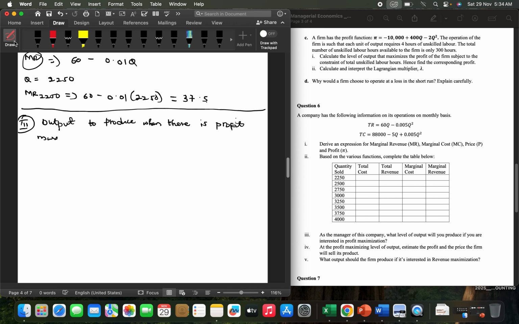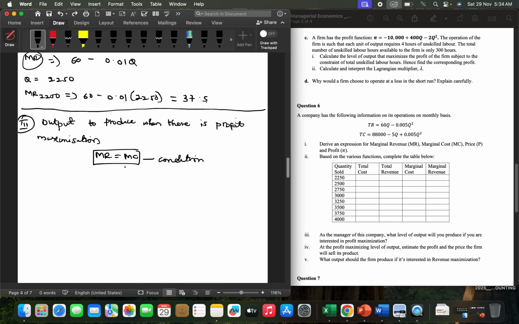Outputs to produce when there is profit maximization. Now we know that for profit maximization, marginal revenue must be equal to marginal cost. This is our condition. So we have to find the output to produce when there is profit maximization.